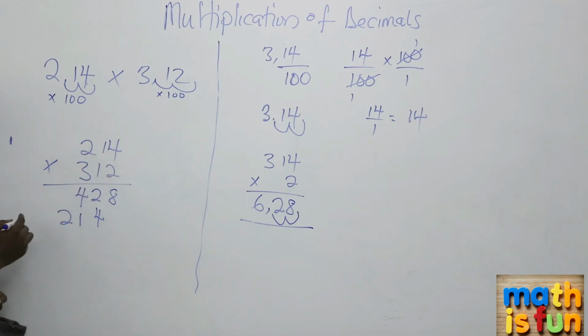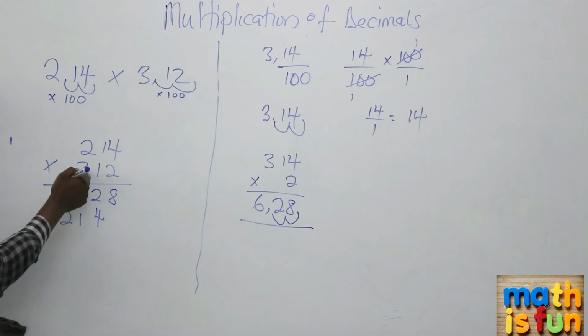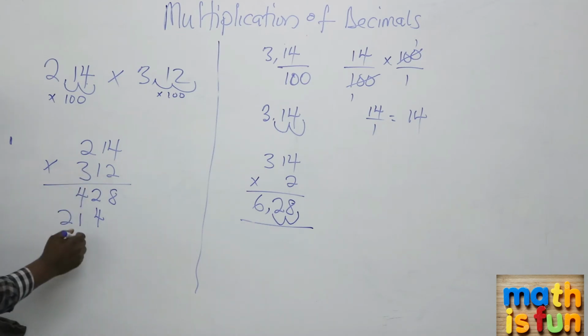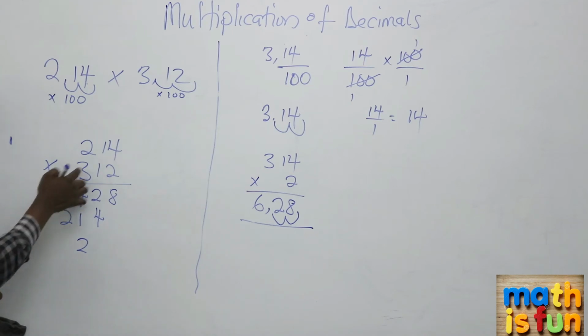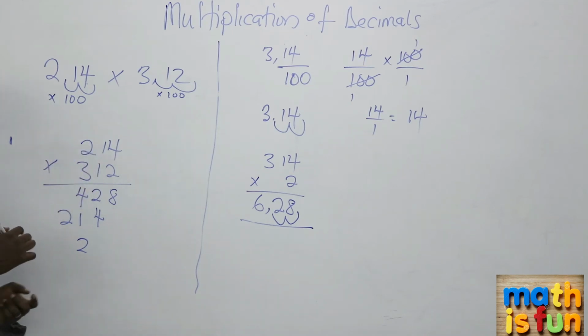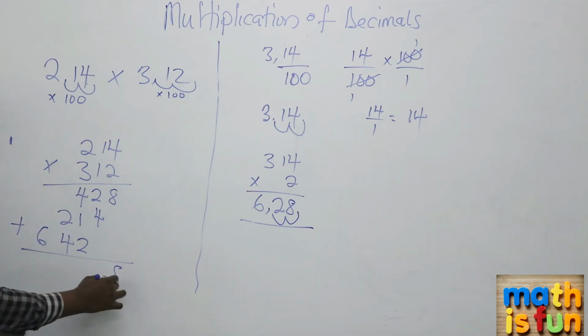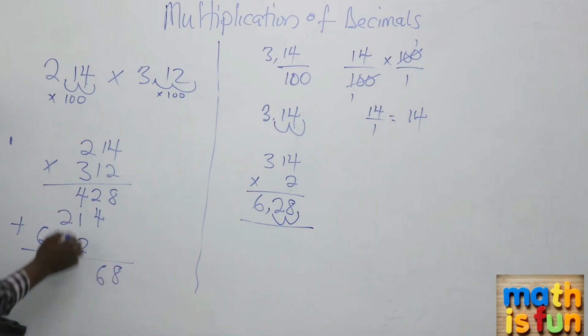3 times 4 gives us 12, but it should come under the 3. Okay, so we have 2 remainder 1. 3 times 1 will give us 3 plus the remainder, which is 4. Then 3 times 2 gives us 6. After that, your normal addition. We have 8, 6.